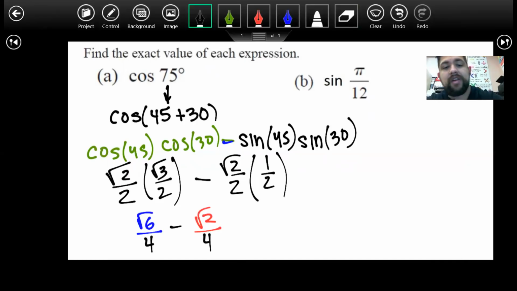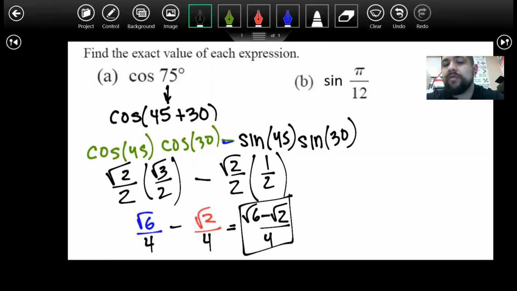And then we can simplify this to get rad 6 minus rad 2 over 4. This is the exact number. I don't require you guys reducing this down. So that's our solution. Cosine of 75 in exact form using the sum and difference formulas is going to be rad 6 minus rad 2 over 4.